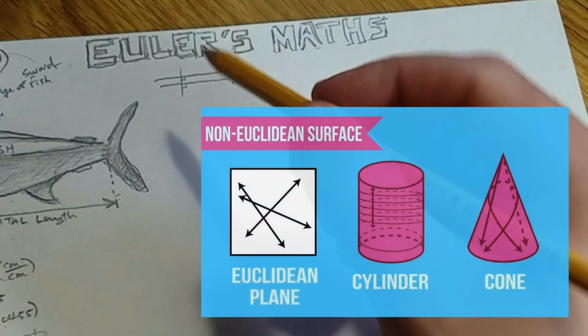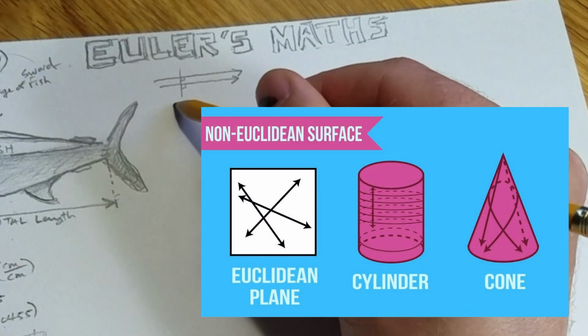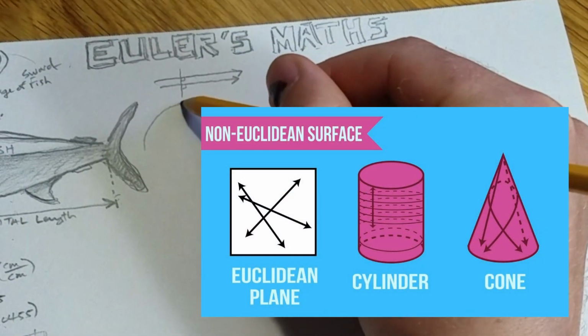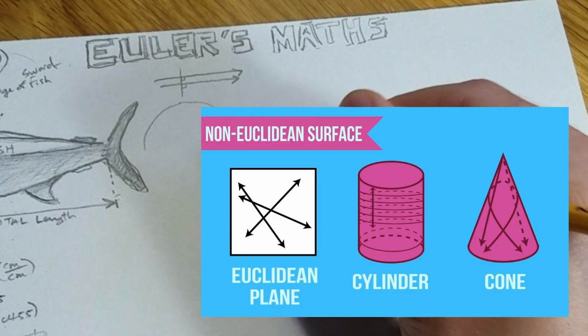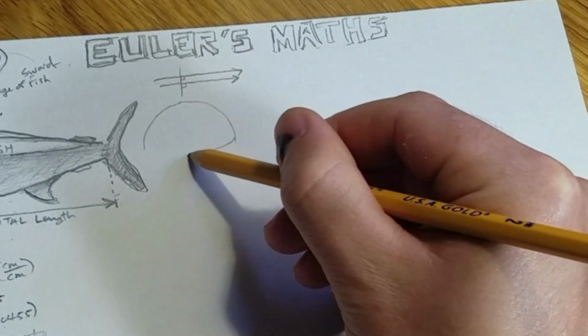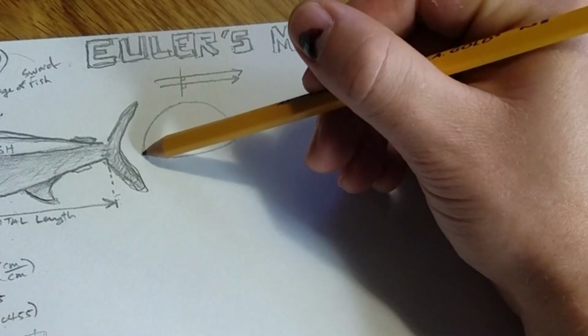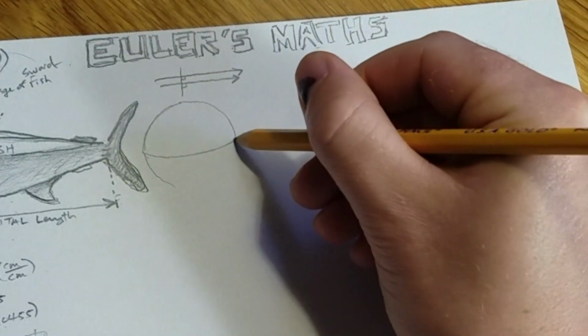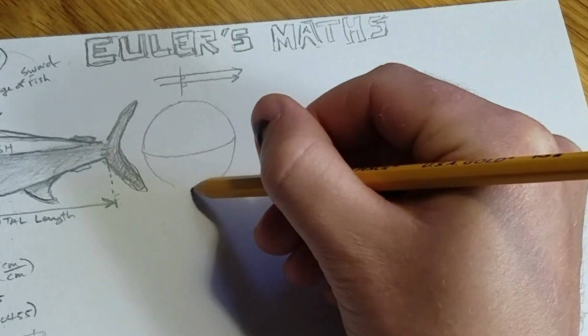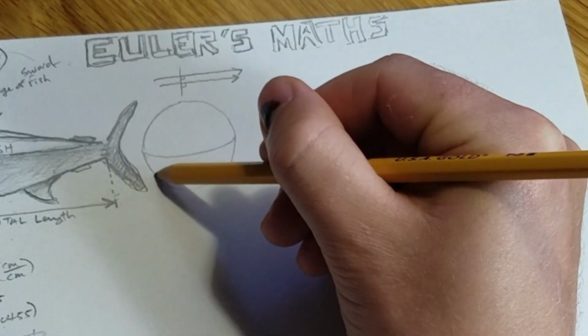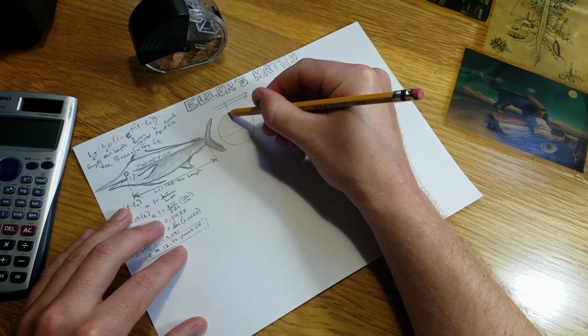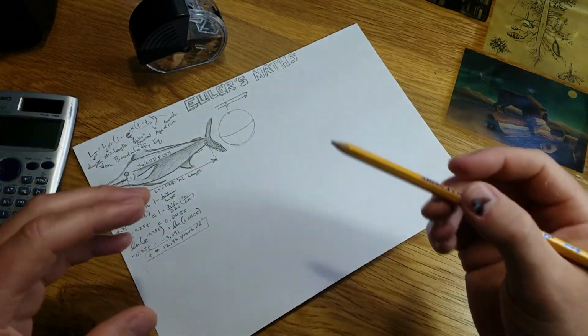In non-Euclidean space, we have the concept of space as curving. And the analogy that's often used is the curved Earth.